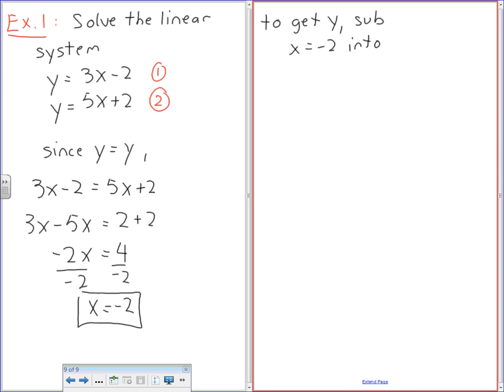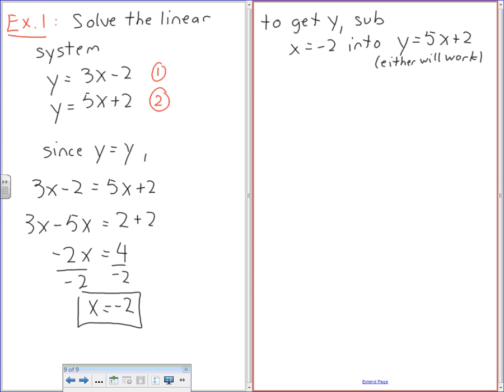Lexi, what's your favorite equation, number 1 or number 2? Number 2 works good for me. I'm going to put in brackets either one will work. But generally you want to pick the simplest one that you can. When you're substituting in, this is like a table of values.